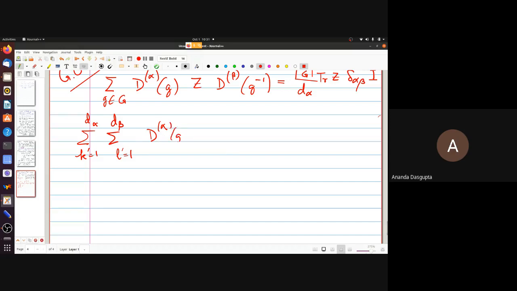This is d alpha g k prime, z k prime L, d beta g inverse L prime L. Right? This is the kth element of the matrix on the left.